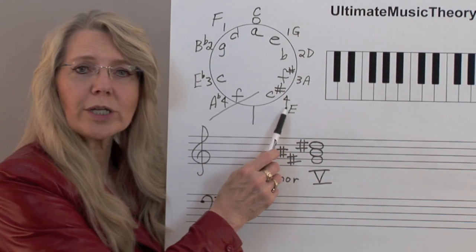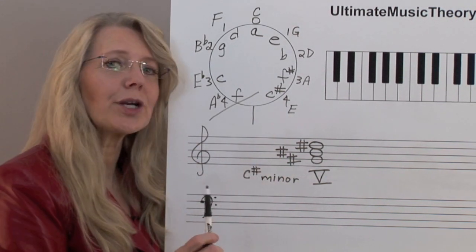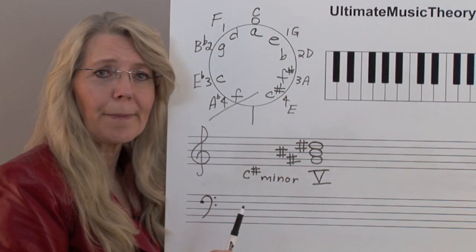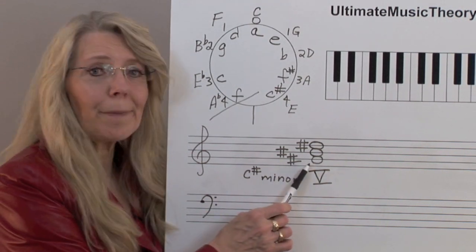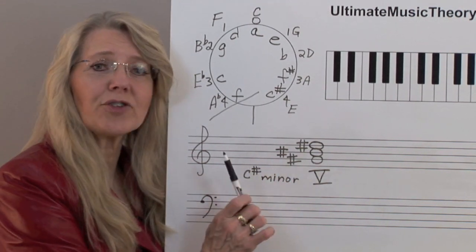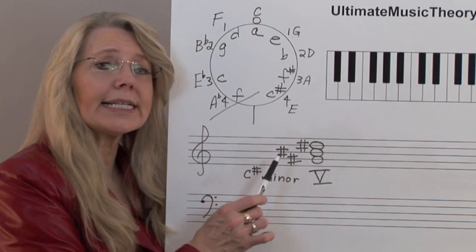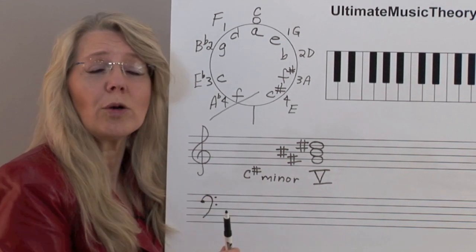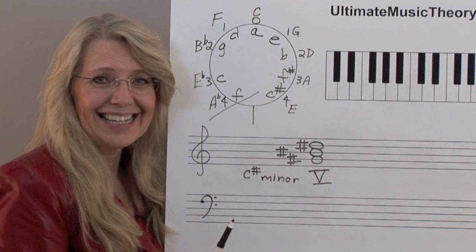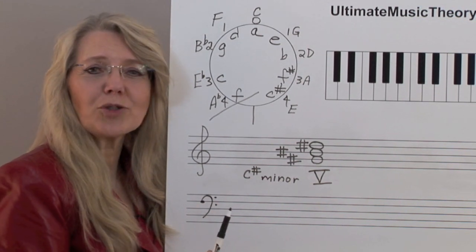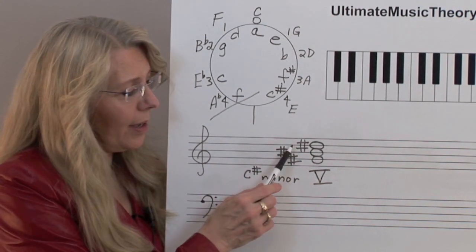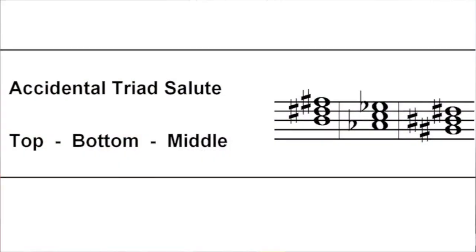So it has four sharps: F sharp, C sharp, G sharp, and D sharp. We have G sharp and D sharp in the triad. The raised seventh note of C sharp minor is B sharp, so all the notes require accidentals. So use the Accidental Triad Salute: top, bottom, middle.